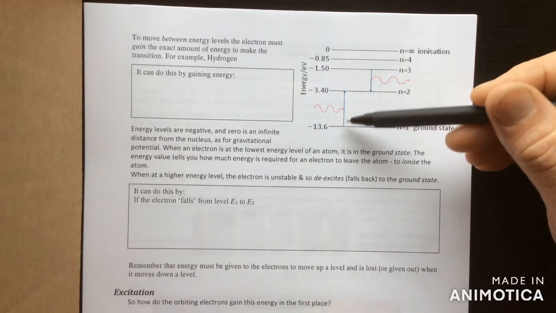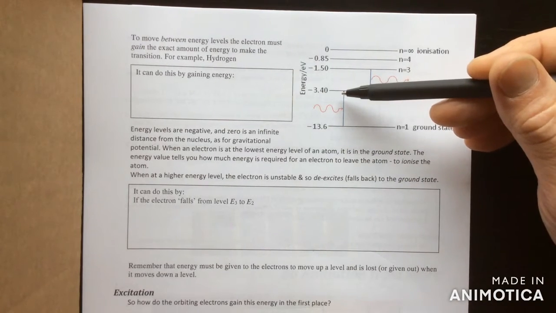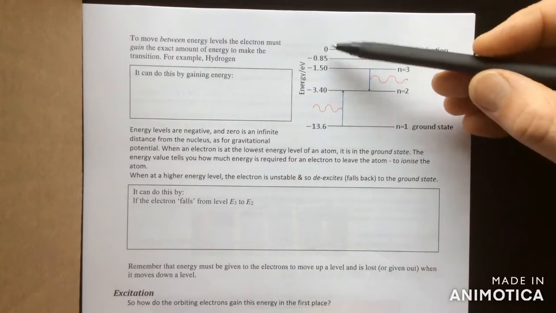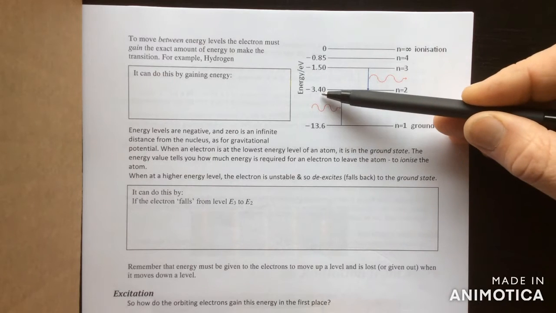The kinetic energy they have gained by being heated means that they can jump up to a higher potential energy. That is why, to link in the last chapter, we've got these negative values.